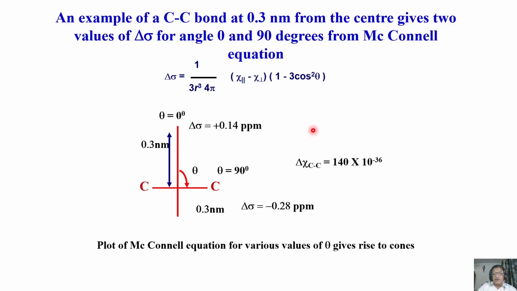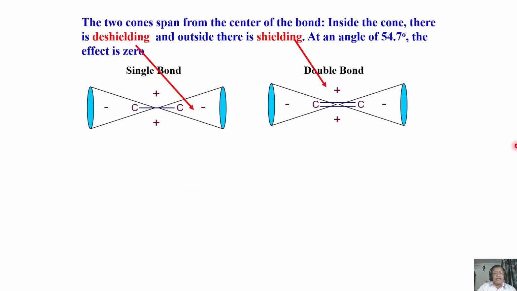Of course, we know the value of the susceptibility anisotropy of the CC bond, which is well known and available in the literature. So these two extreme values, theta equal to 0 and 90, we can calculate knowing the parameters, because R is known, 4 pi is known, and the difference in susceptibility is known. Where is the angle theta, and calculate what delta sigma is. Very simple.